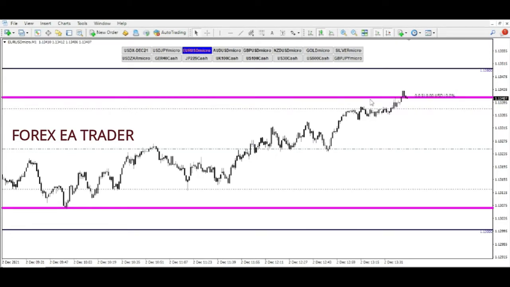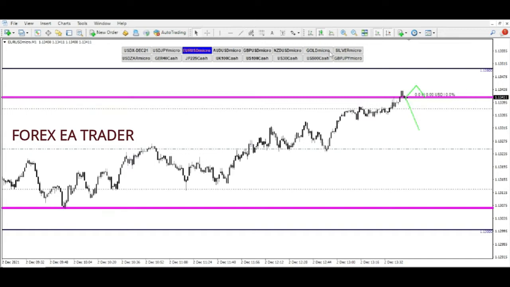So what you want to do is watch out for confirmation that either we are going down, or we are going to break out, and you wait for a test of this area, and hopefully we go that way.